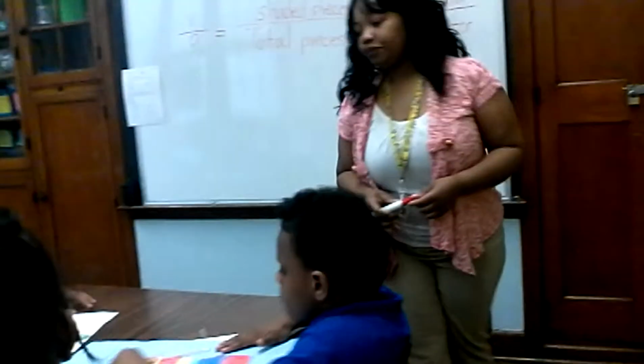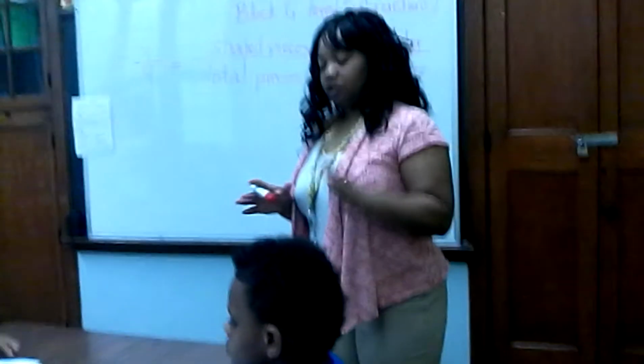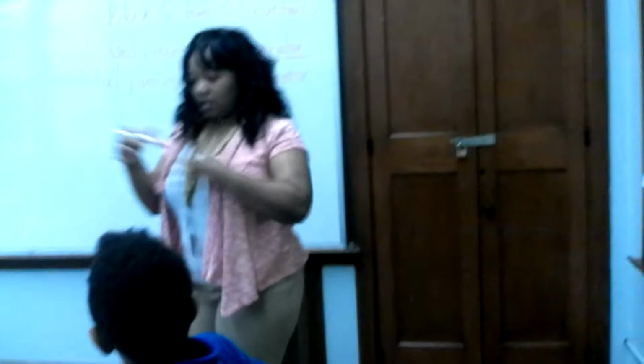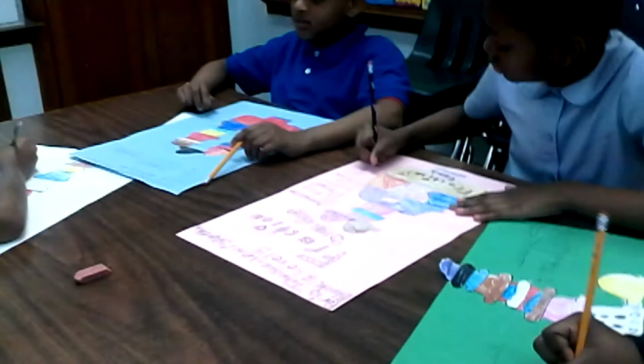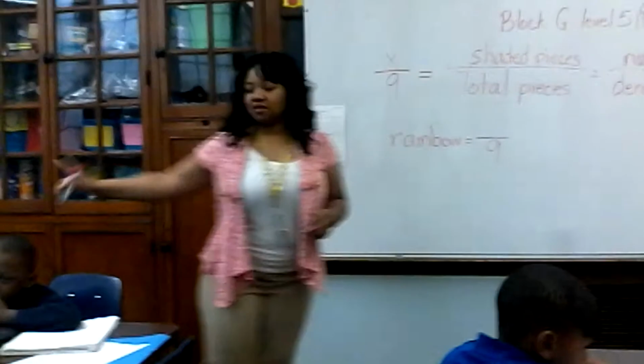Let's look at the flavors that you have. It looks like from everyone, I see a little bit of a rainbow. Rainbow is when we're going to mix 2 or 3 or more flavors together. So somewhere on that page, let's put in rainbow. That's going to be one of our flavors. We already know that fraction is over 9 because we have 9 pieces.